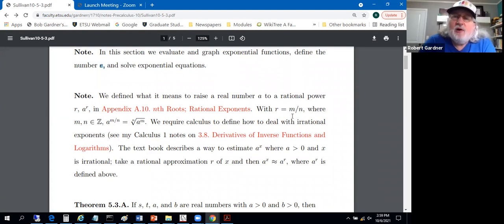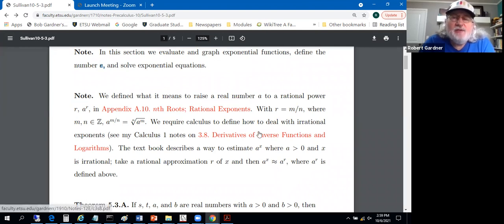For example, if r equals m over n in that appendix, we define a to the m over n to be the nth root of a to the m power, with certain obvious constraints. For example, we can't take square roots of negative numbers. But this is the meaning of a to a rational power, where that rational number is m over n.